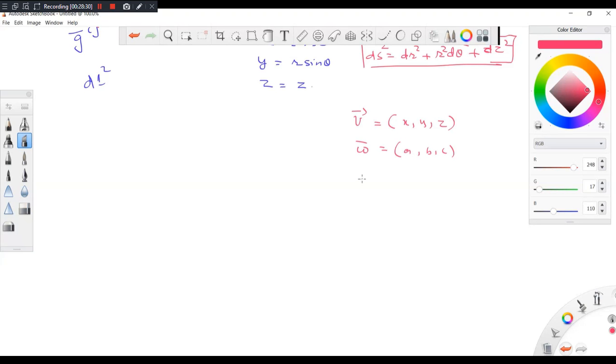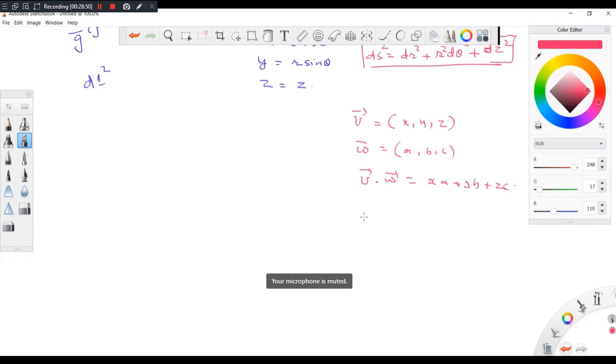You define it as X into A plus Y into B plus Z into C. So this you know. It is related with the dot product.